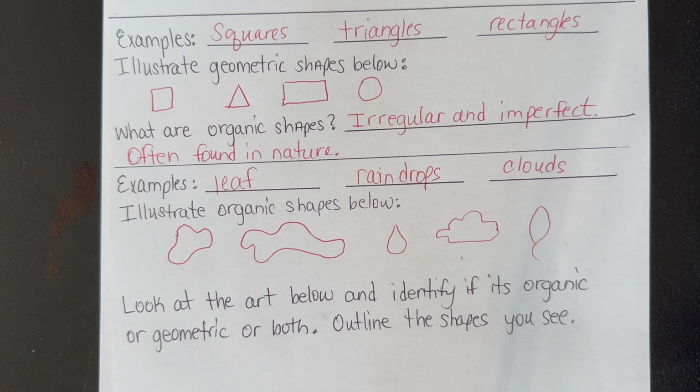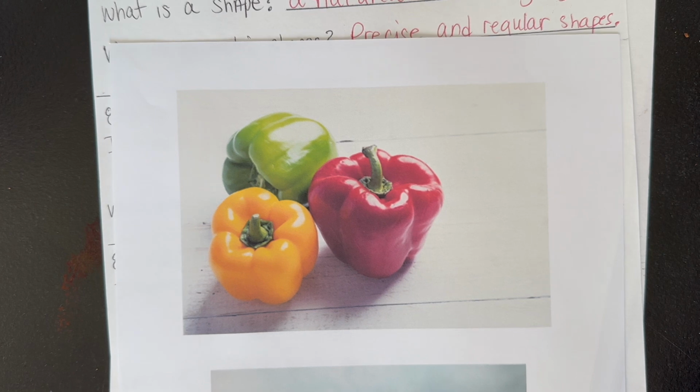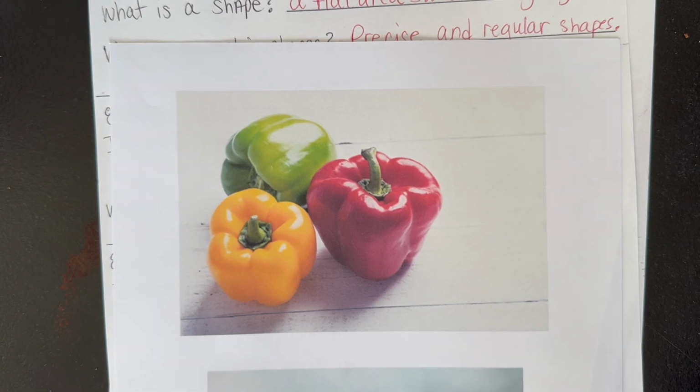Now, we're going to look at the art that I handed out to you and identify if it's organic or geometric or both, and outline the shapes that you see. All right, here we go. Let's look at the first image. So you have this in front of you.